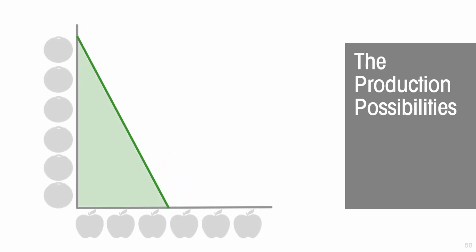That is the production possibilities frontier for this economy. And it illustrates which production combinations are possible and which are unreachable.